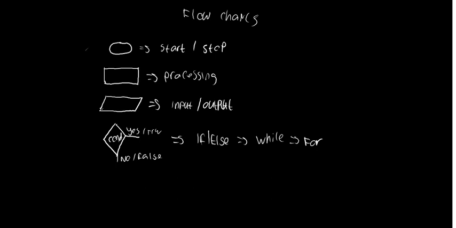Then we have the circle, which is used to connect parts of an algorithm. Say you can't fit your entire algorithm on your page; you can add this and continue on the next page with another one. It just means continuation.